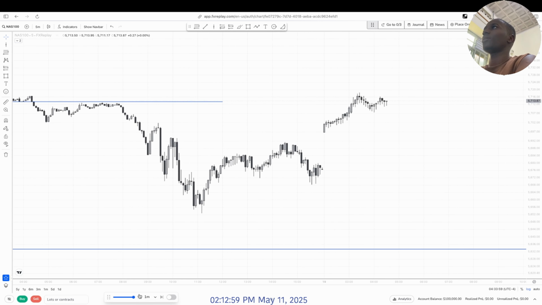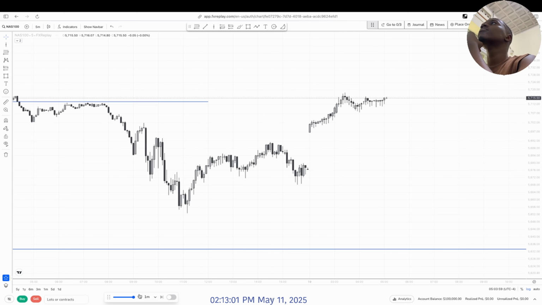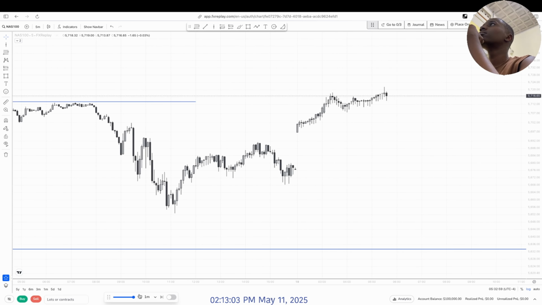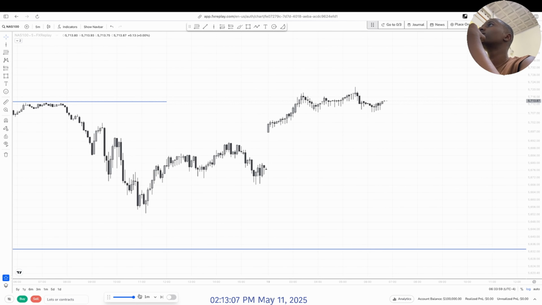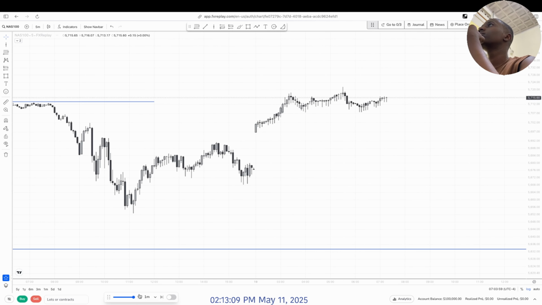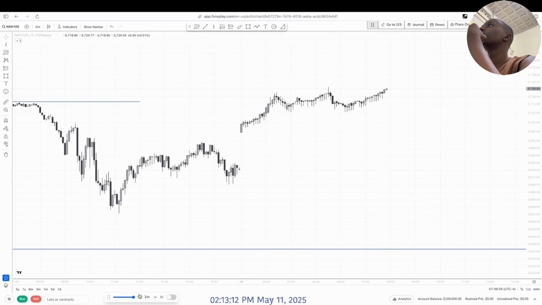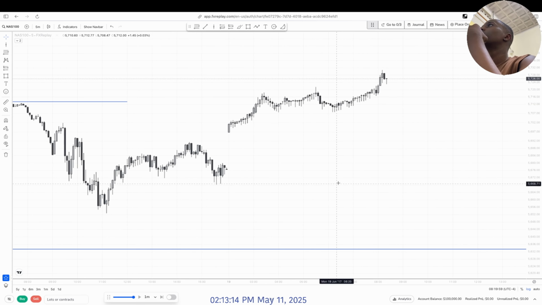So this is a new week currently playing out. No clear movement, seriously. I don't think this day will give a solid trade.